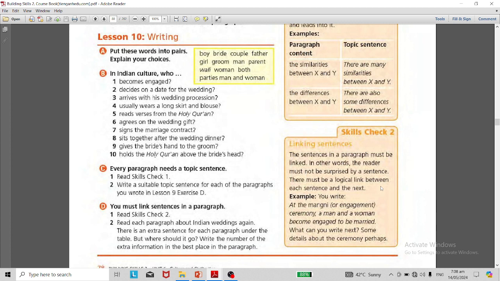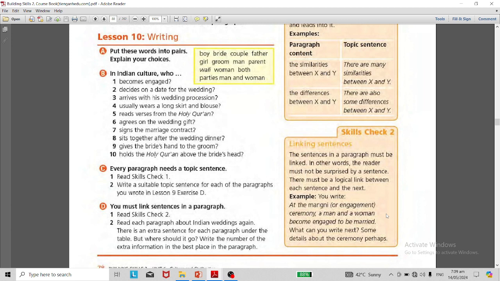Example here, you wrote as the Mingini, which means engagement ceremony, a man and a woman become engaged to be married. What can you write next? Some details about the ceremony, perhaps. So you have to talk about the engagement itself, how it happens, who attends the engagement.